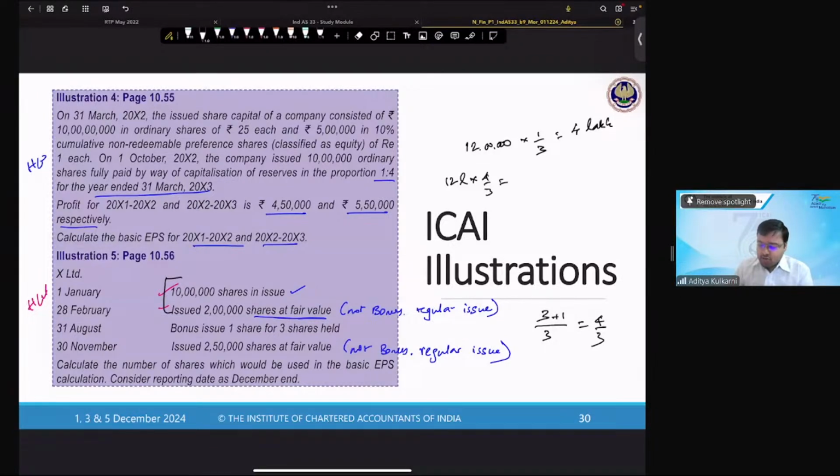So that comes to 3 fours are 12 plus 4, 16 lakhs. आपके पास क्या आ रहा है? 12 plus 4, 16. So ours is a slightly longer method, but I did not take the bonus adjustment factor into consideration. What institute has done is you can take the bonus adjustment factor and do the working. You'll get the same answer. That's it. Clear. Okay. All right. Next.